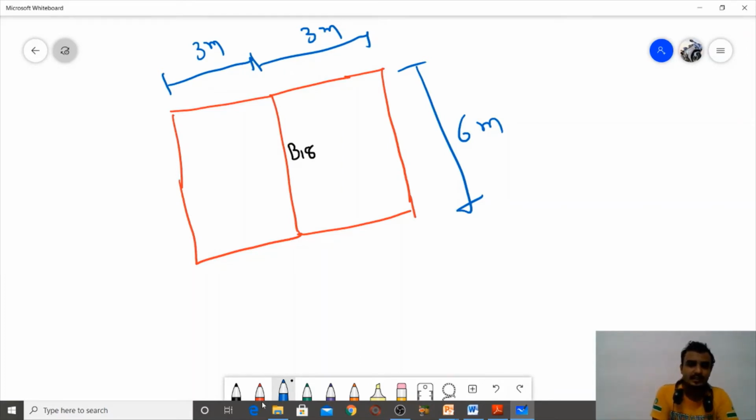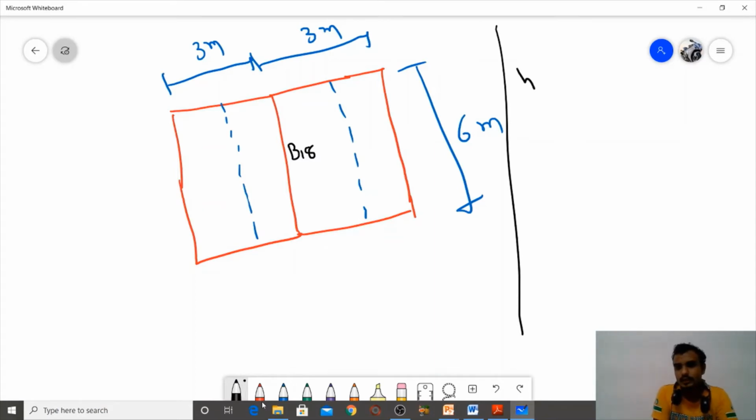So for beam 80, our load is divided by this one way slab. The one way slab equation is W Lx1 by 2 plus W Lx2 by 2. What is Lx1?